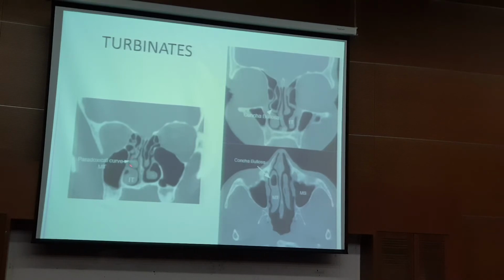You can see that the curve is going inwards rather than outwards, as one would usually see. And concha bullosa, this is quite common as well. You won't be able to see this on scope, it can only be seen on CT scan. You can see aeration of the concha bullosa, and if the wall is inflamed here, you can see how narrow it is. It will cause obstruction to the osteomeatal complex.